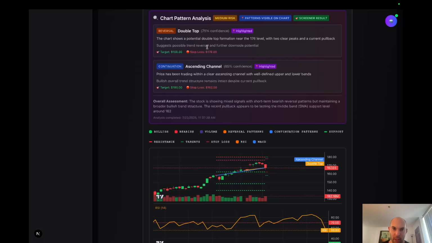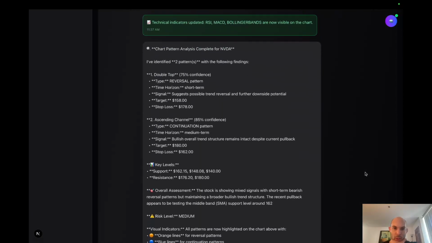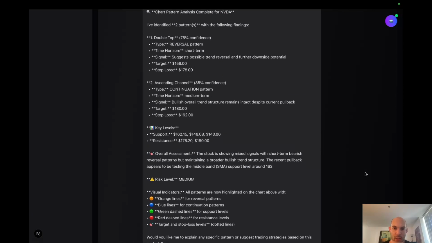I'm still trying to test this and see how accurate it is, which is why I also prefer it to give me the actual points and targets, the support and resistance levels in text as well, so you can actually verify it.